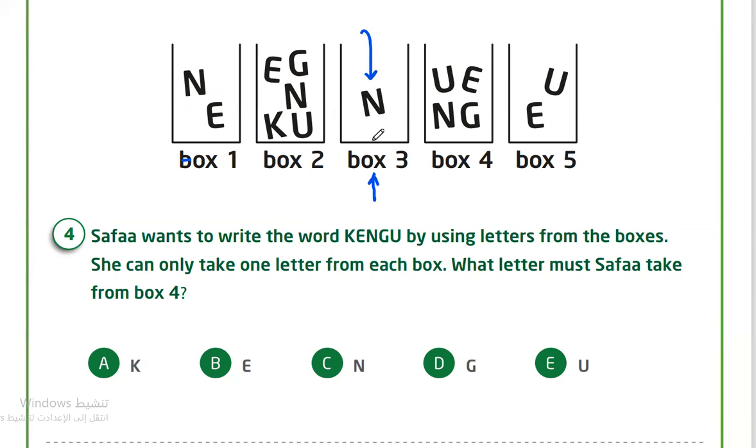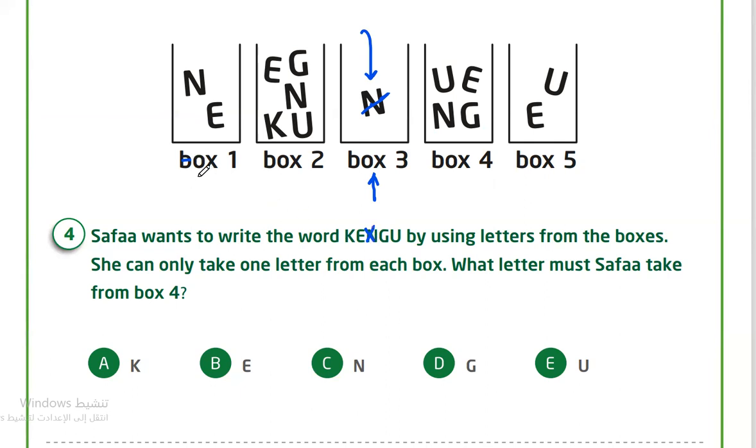So you must start with the box with the fewest letters. Do you understand? So from box 3 we take N, right? Now we cancel N from box 3, and you go to box 5 or box 1. Now N, we finish it, right?